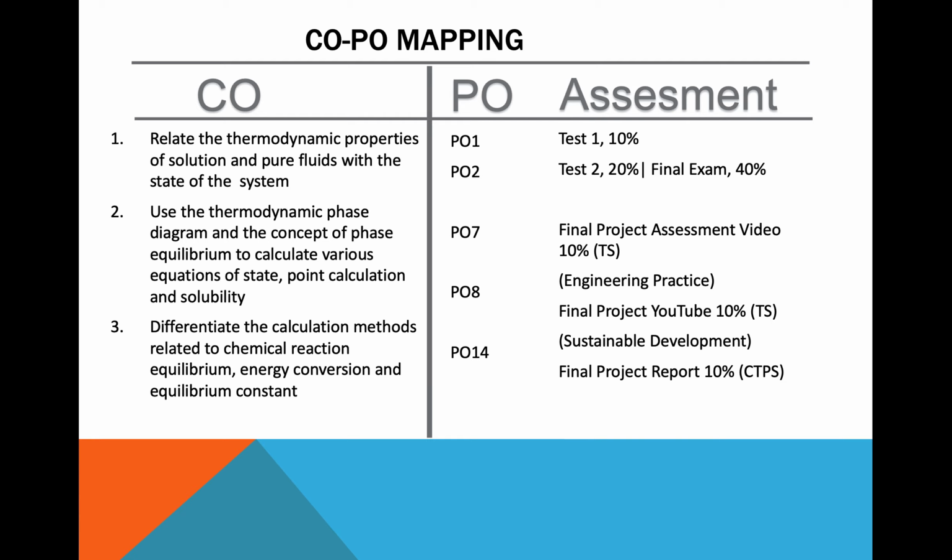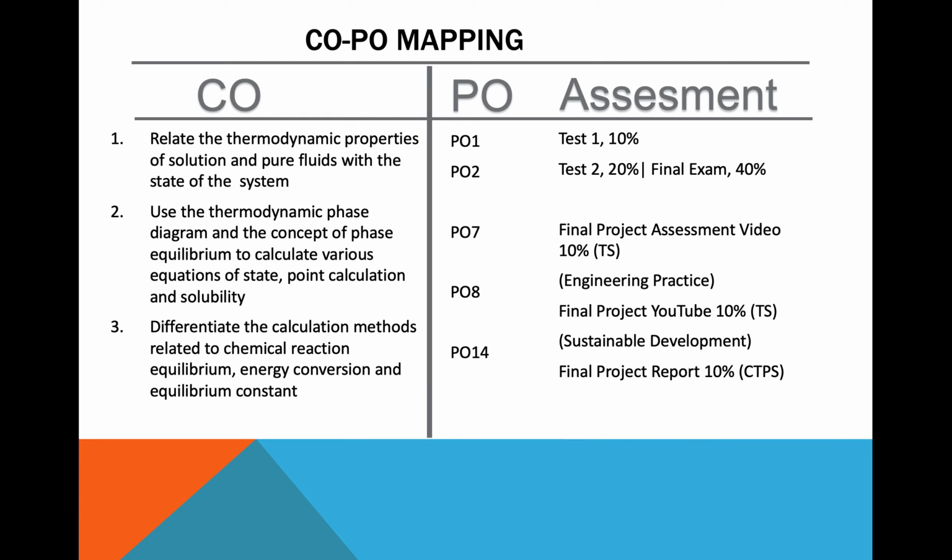For the first CO, it will be mapped to PO1 and PO2, which will be test 1 and test 2 and the final exam. For the CO2, it will be mapped to PO7 and PO8, as well as for PO7, the assessment will be the final project assessment video because the criteria that will be assessed is teamwork skills, right?